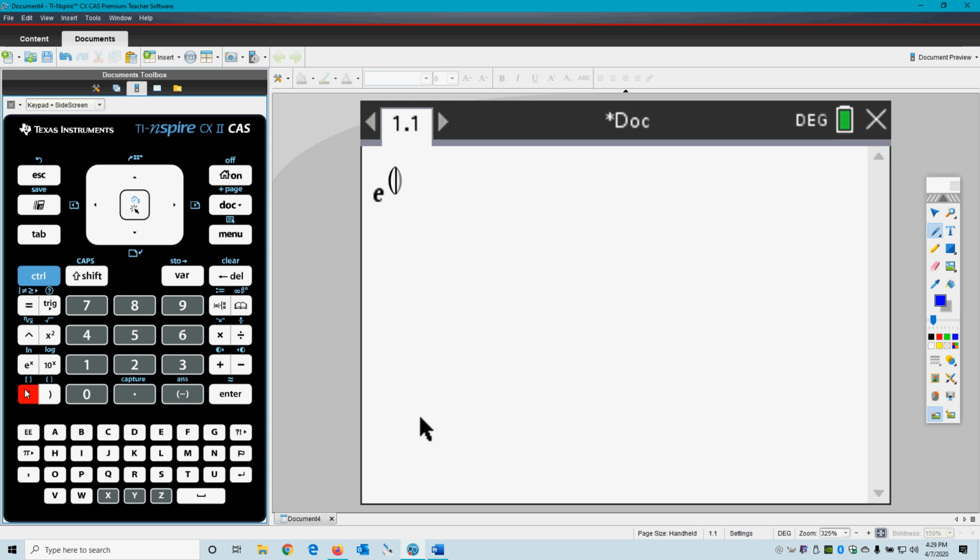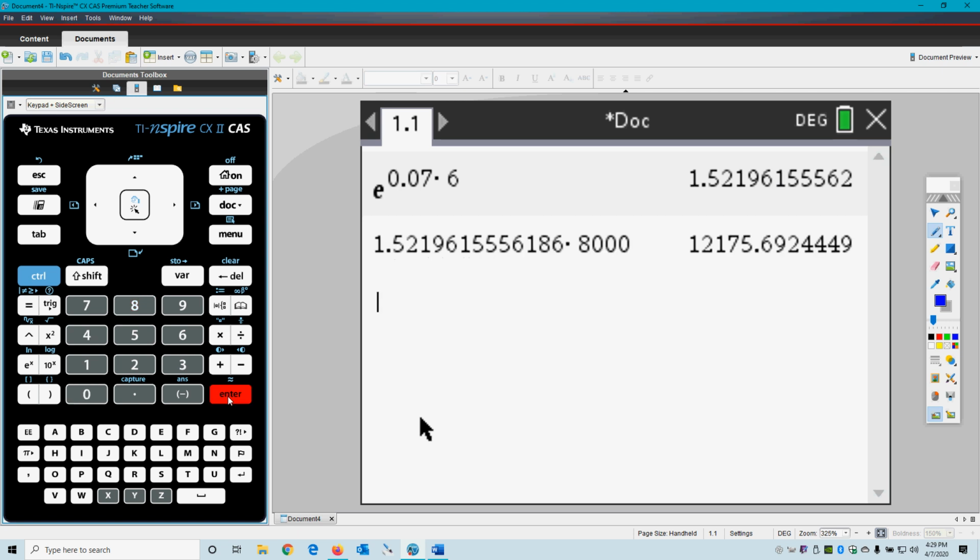And that was the 0.07 times 6. Okay, so the thing is don't round, and don't round, times 8,000. And we got our answer that we had to, of course, round to get what I gave you. Because when you're in thousands and tens of thousands and millions where these problems are, any rounding whatsoever is going to throw it way, way off.